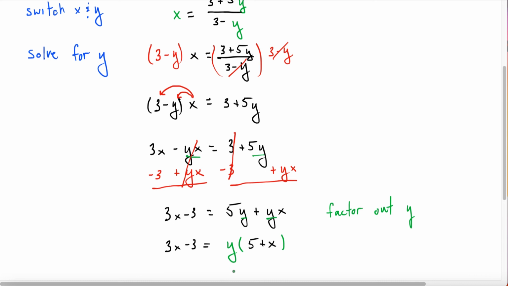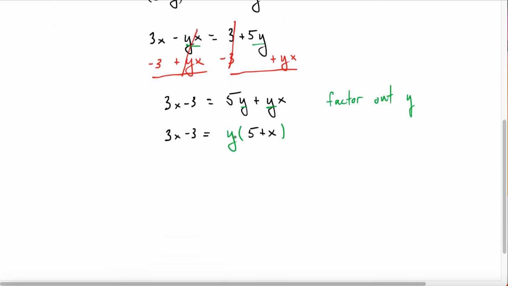Now I'm in good shape because I have y kind of by itself. I've got y multiplied by something else. So if I've got y times 5 plus x, I can just divide both sides by 5 plus x, and I'll just be left with y.